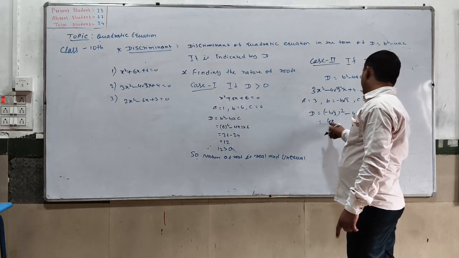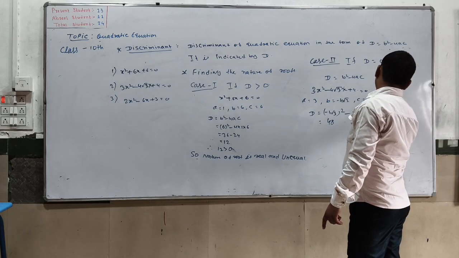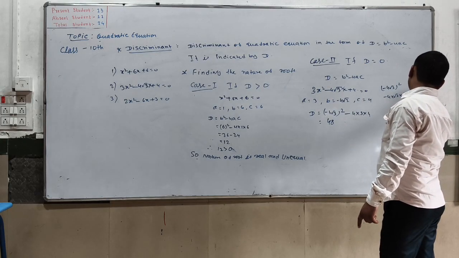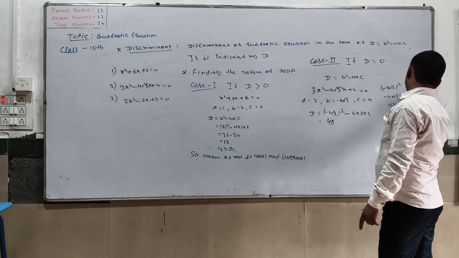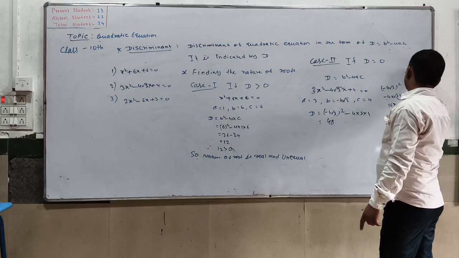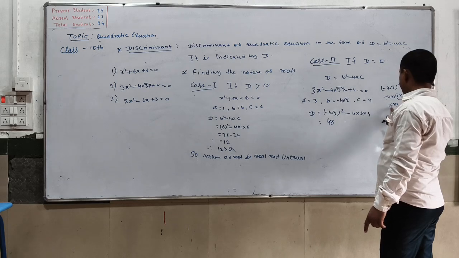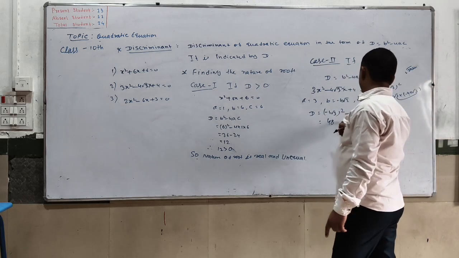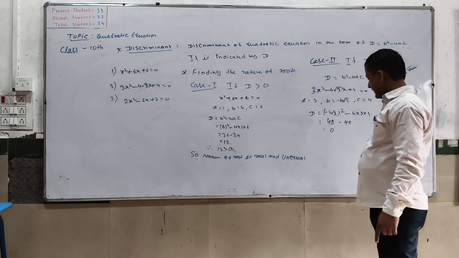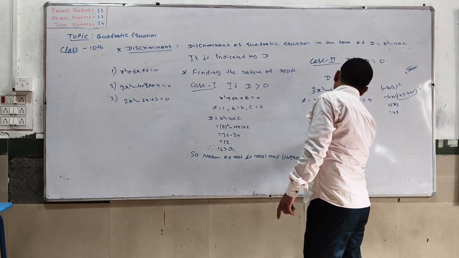So we get 48 minus 48, which is equal to 0. So d is equal to 0.